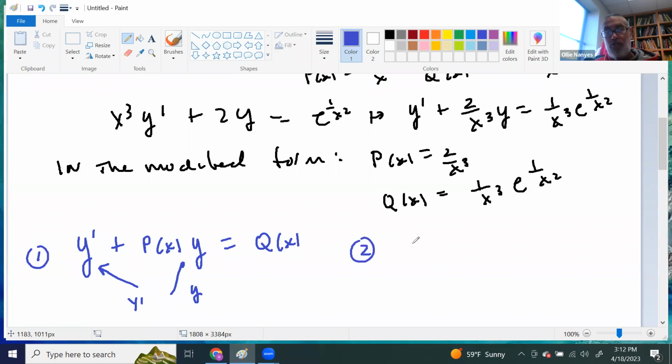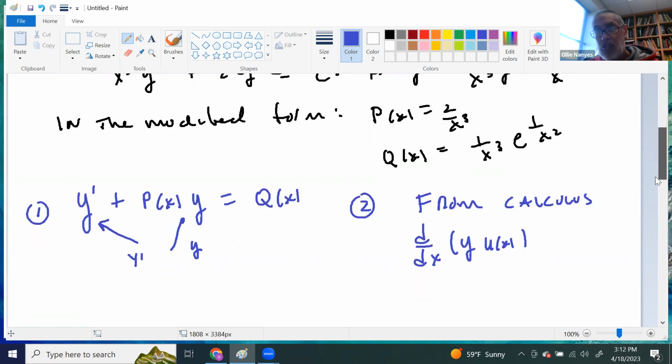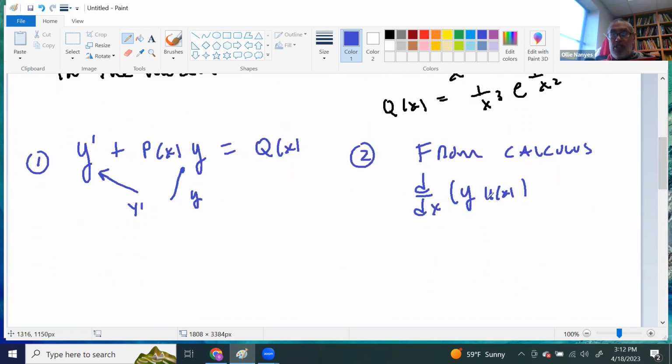Point 2, from calculus, you know that if you have the derivative of y times some function u, you just take the derivative of this.